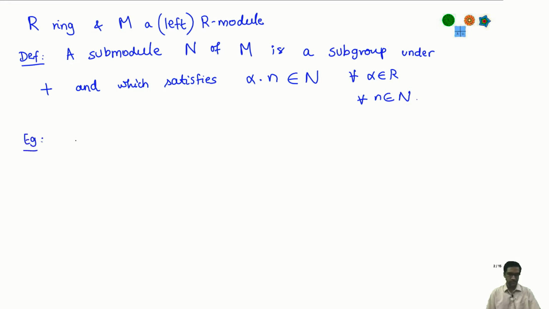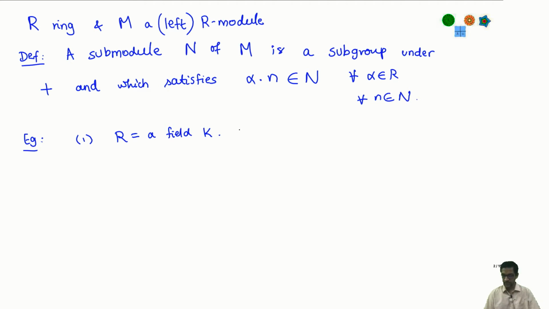The obvious examples: if R is a field K, in this case recall that R modules are just the same as vector spaces over the field K, and of course it comes as no surprise that submodules are just the same as subspaces.